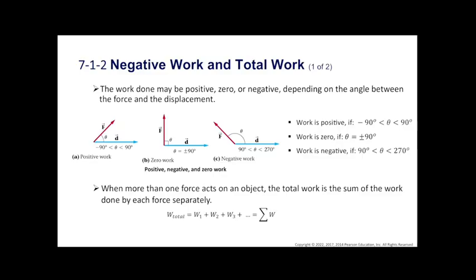Therefore, if force F1 does work W1 and force F2 does work W2 and so on, we can find the total work done by adding all those values together, which is sigma W. Equivalently, the total work done can be calculated by first performing the vector sum of all the forces, which is F total, acting on an object to obtain the total force, and then using our basic definition of work, F cos theta times D. So it is simply F total times D cos theta.